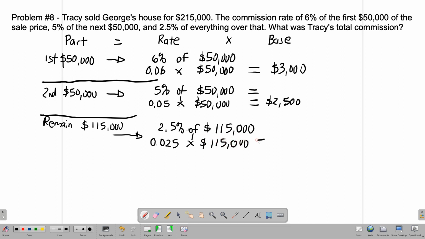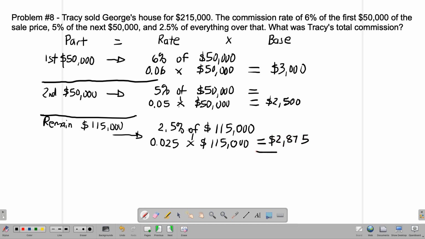So when we multiply that out, we have 115,000 multiplied times 0.025, and that equals a value of 2,875.